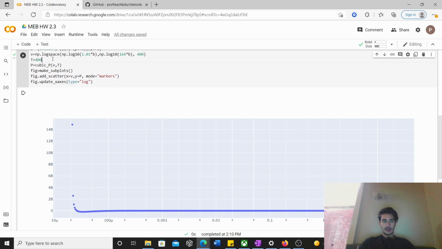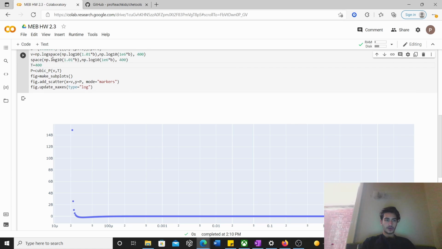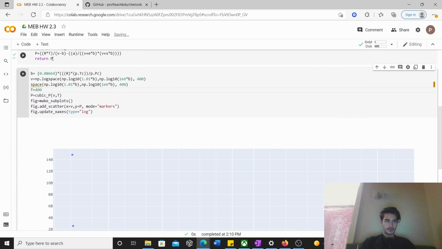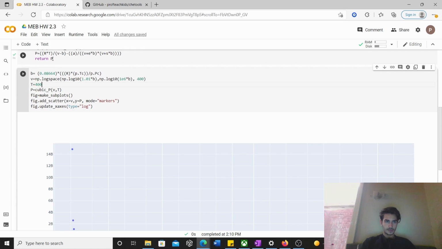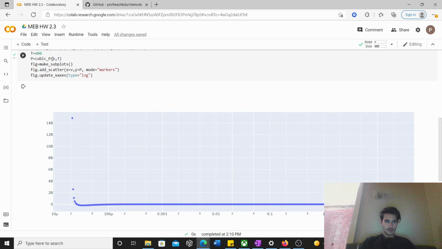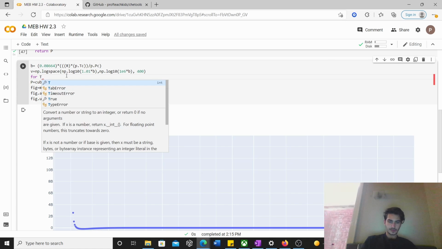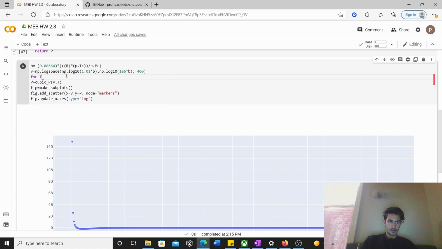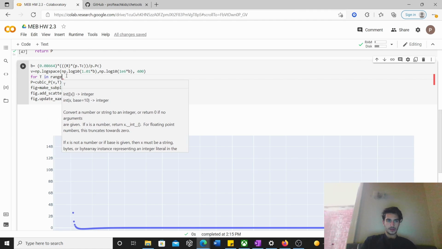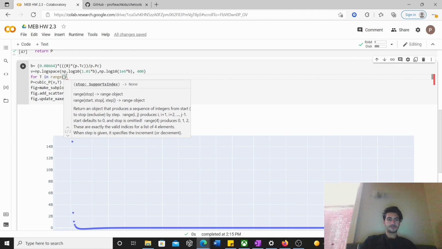So instead of making it 400, we can now make it a for loop, right? So instead of t equals 400, we're going to have for t in the range, and what range are we going to have?